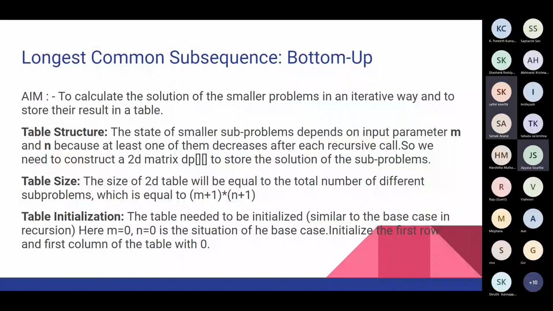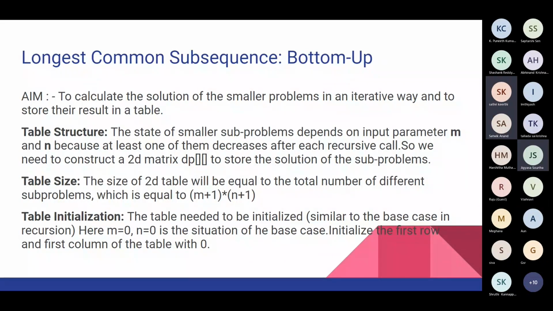As we are finding the longest common subsequence of two strings X and Y, the table will be a two-dimensional array because it depends on both parameters M and N. The table size will be M plus 1 by N plus 1 instead of M by N, because we also have to consider the case where either X or Y can be the null string.